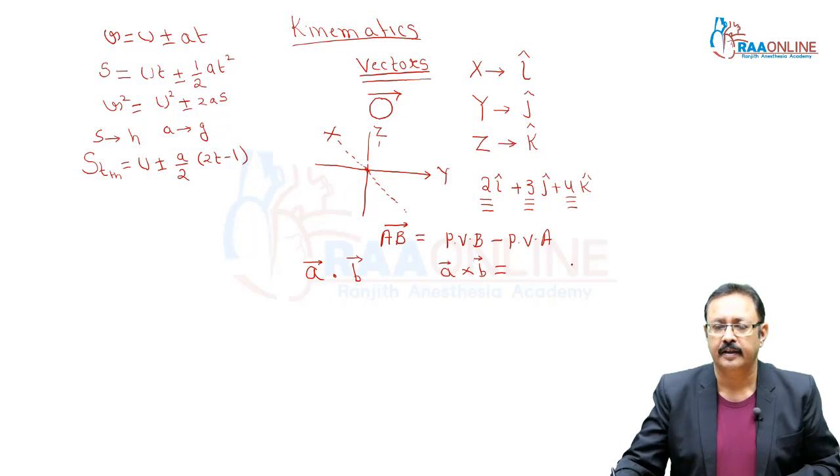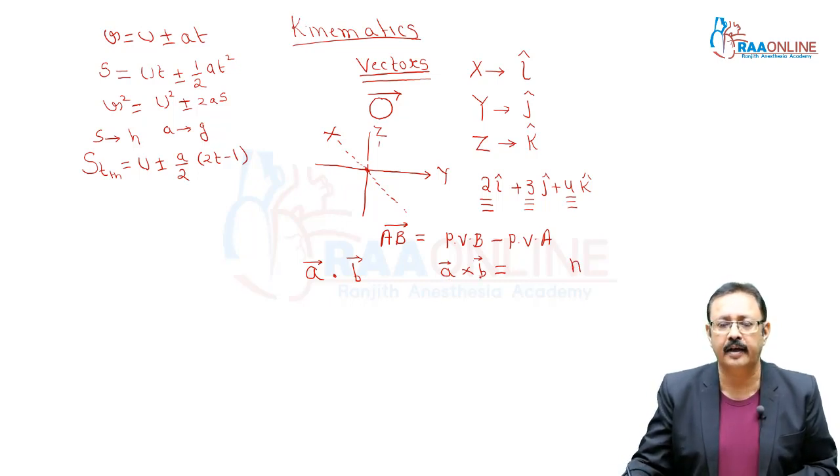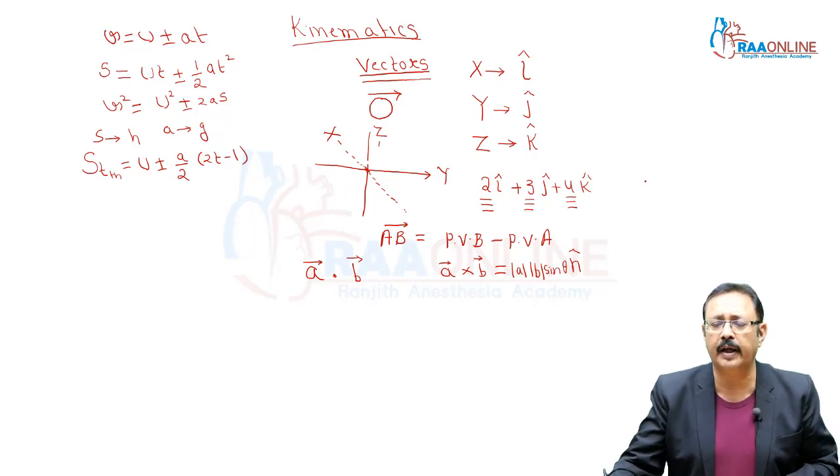Direction is perpendicular to the plane containing A and B. And modulus of A, modulus of B, sine of angle between them. How can you calculate modulus of a vector?